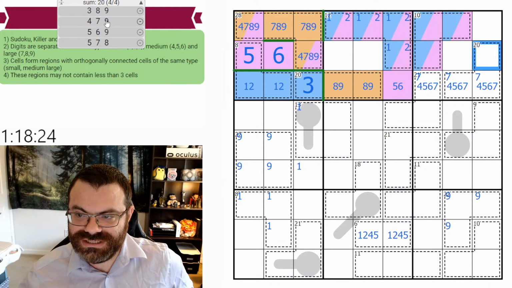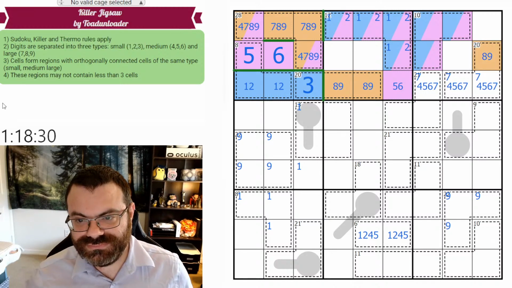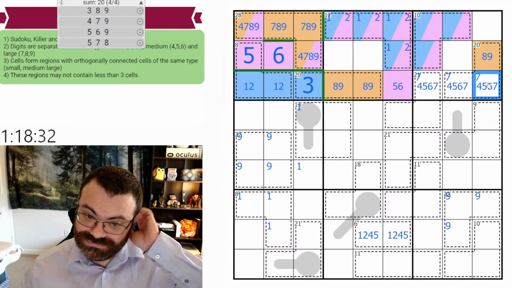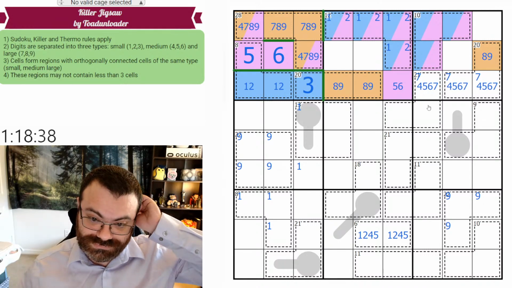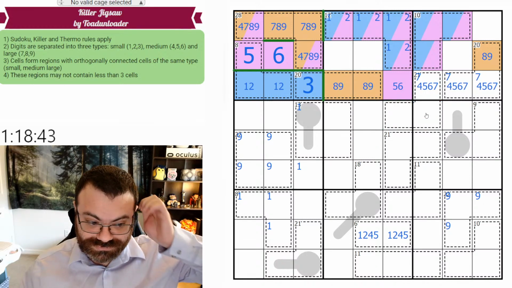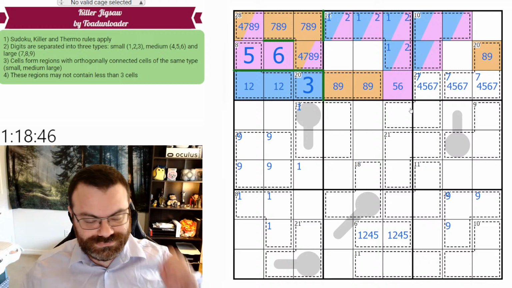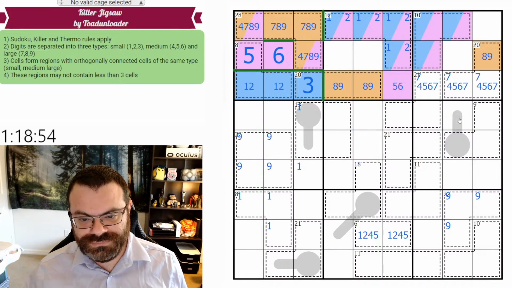Even if it's got a 7, it needs an 8 or a 9. So that goes here. The 21 cage has an 8 or a 9, one of these two. Nine in column 7: true, it's one of these 3. Not in the 11 cage.